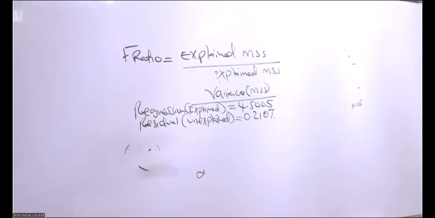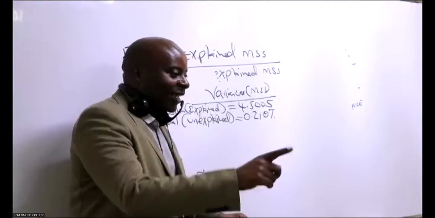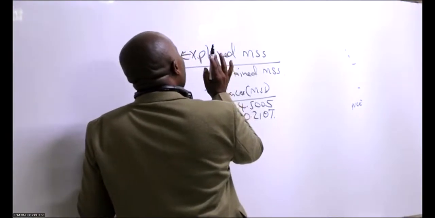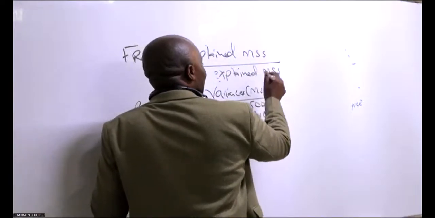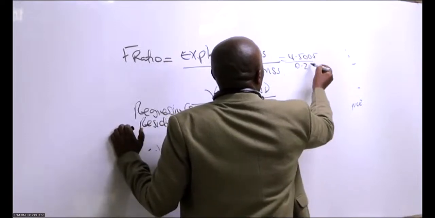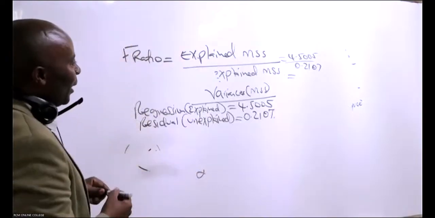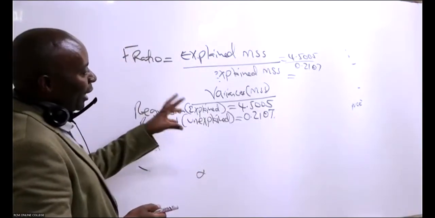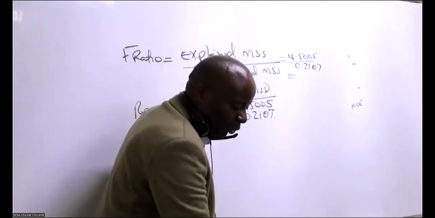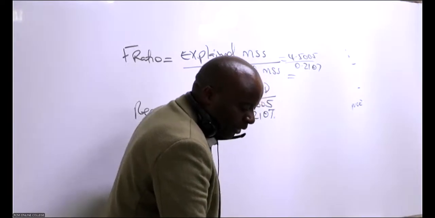To get the F ratio, we take explained MSS, which is 4.5005, over unexplained MSS, 0.2107. If you divide the two, what figure do we get? I can see a figure here, 21 point something.